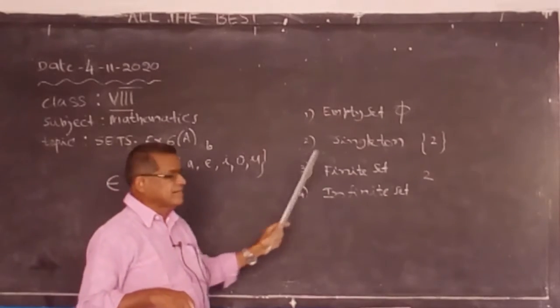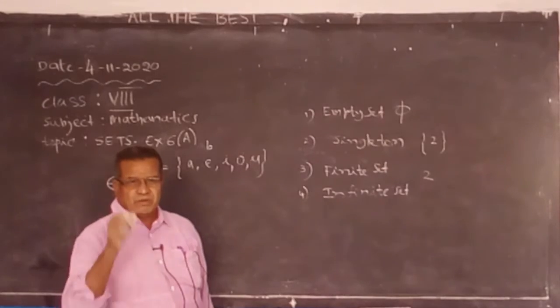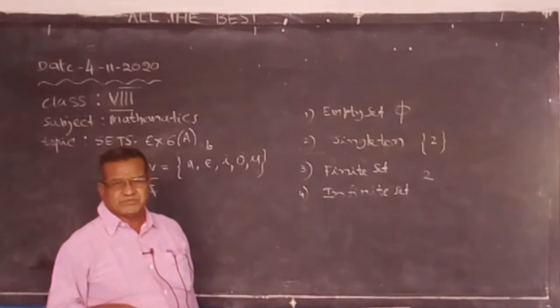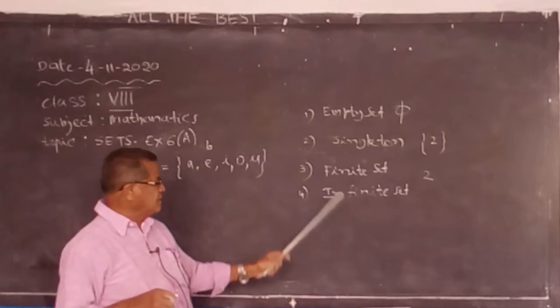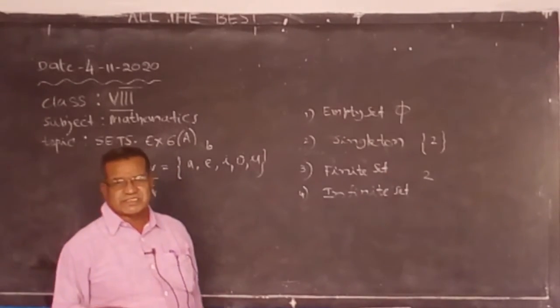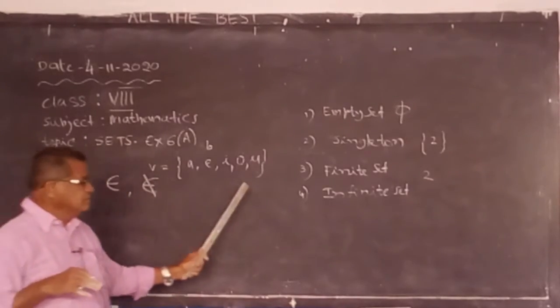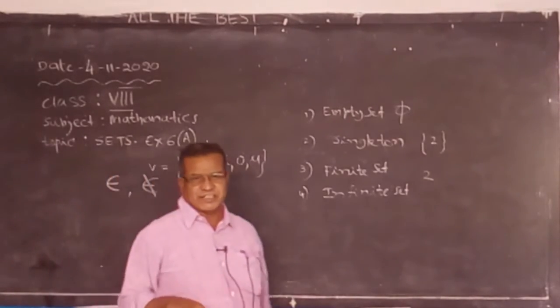In finite sets, for example, days of the week are 7, months of the year are 12, and the number of students in your class, we say 30. So starting is there, ending is there.